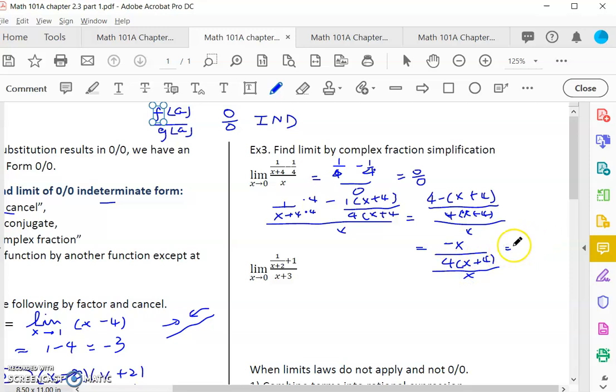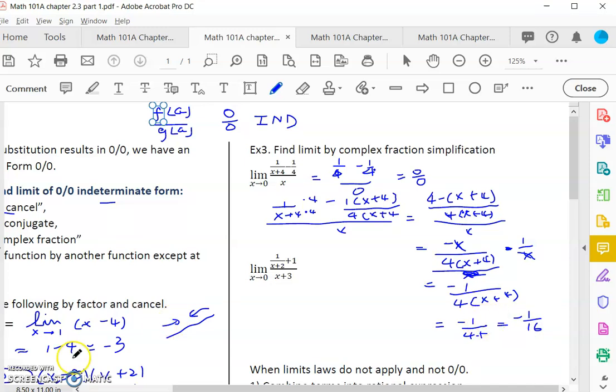That means times 1 over x, and the x cancels. So that's equal to negative 1 over 4 times x plus 4. Now, if x approaches 0, this will not have a 0 denominator. So we'll have negative 1 over 4 times 4, equal to negative 1 over 16.